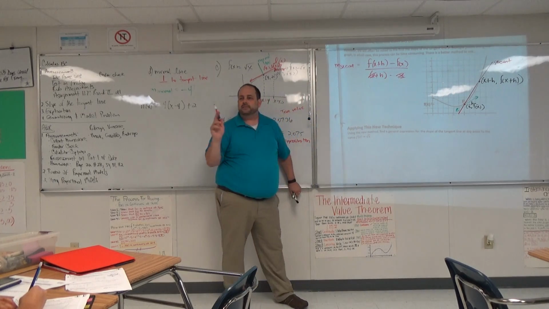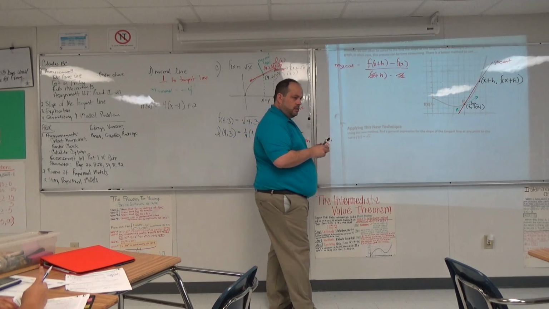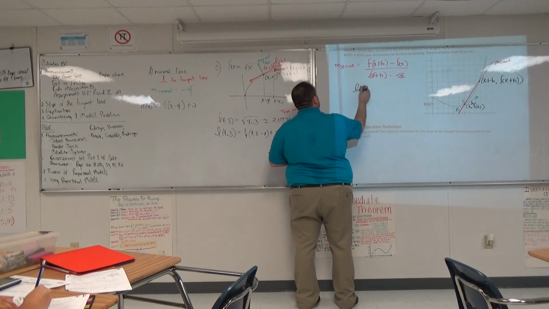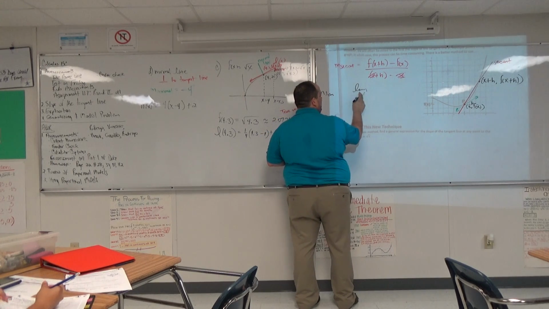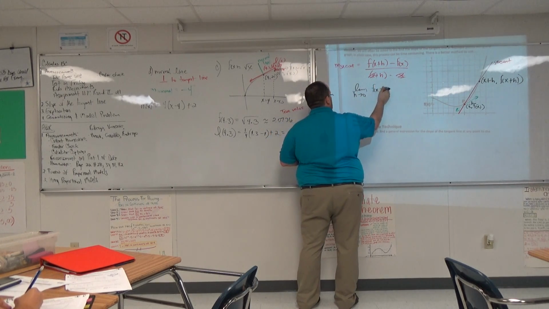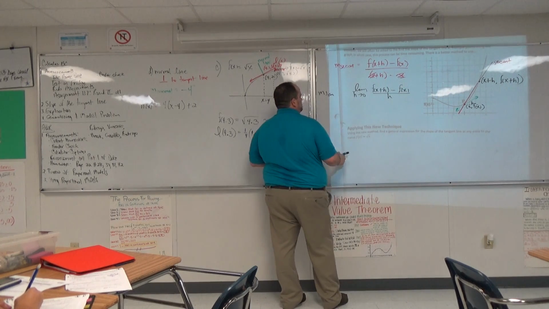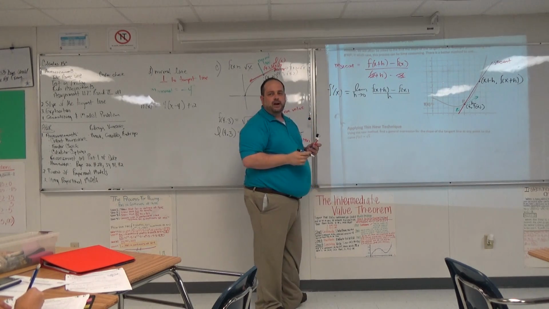Is that the slope of the tangent line? Why not, Dan? In order for us to find the slope of the tangent line, we need to find the limit, and you've got to find the right limit. If what I want is the slope of the tangent line, what's the right limit to find? Limit as h approaches 0 of f of x plus h minus f of x all over h. This is what we're going to call f prime of x.